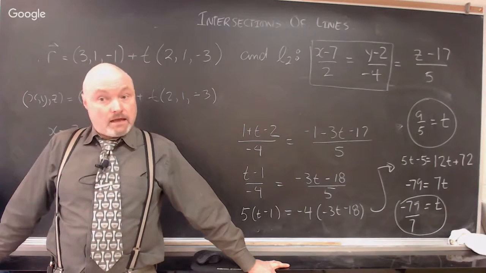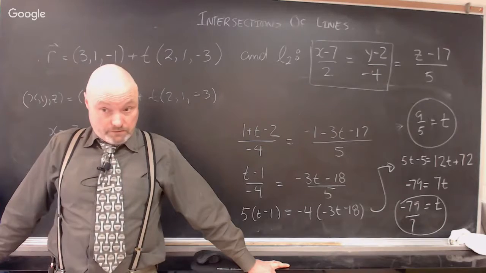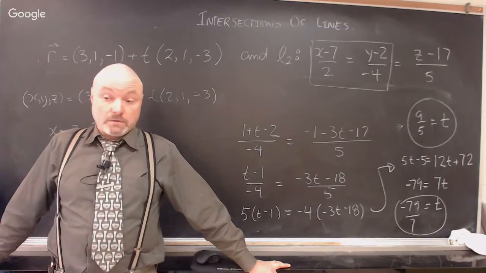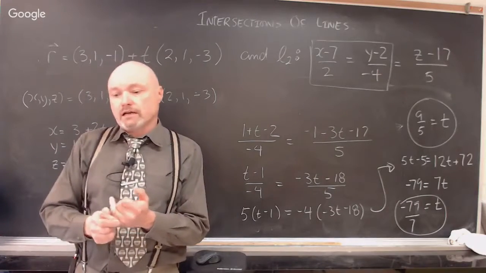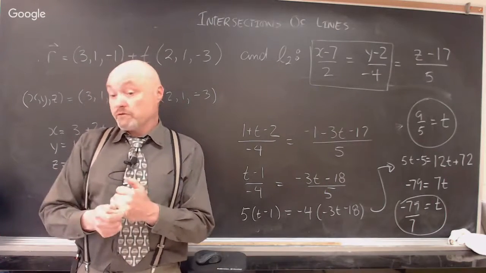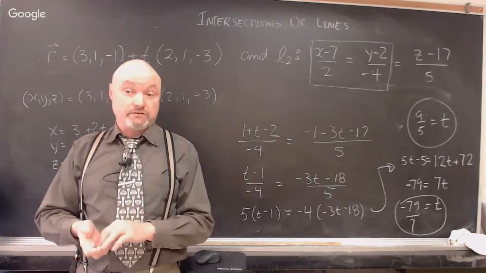So that's it. I guess we should talk about inconsistent systems for a minute. Because they do just talk about the different situations. So if you're in two space, there are three possible organizations for the lines.